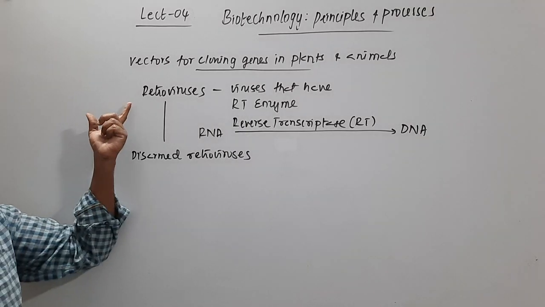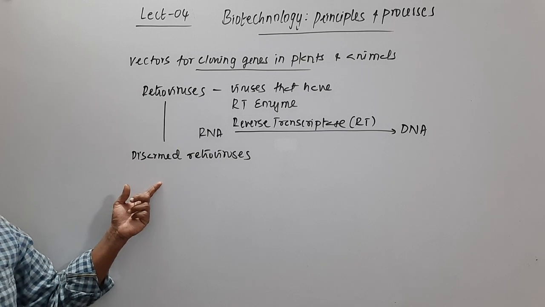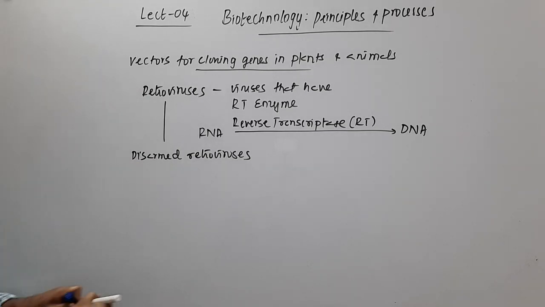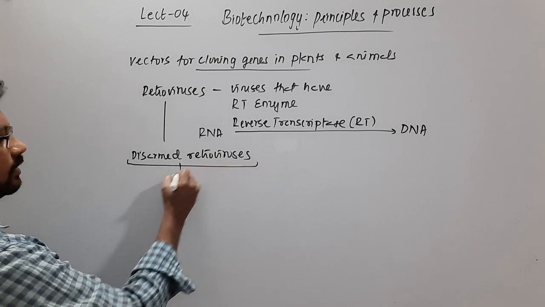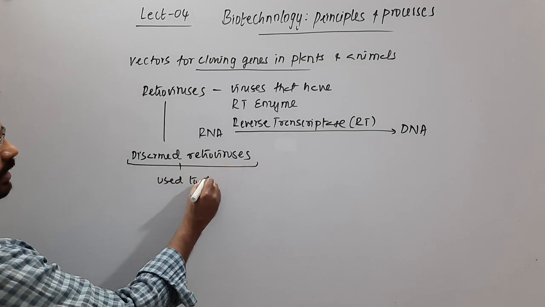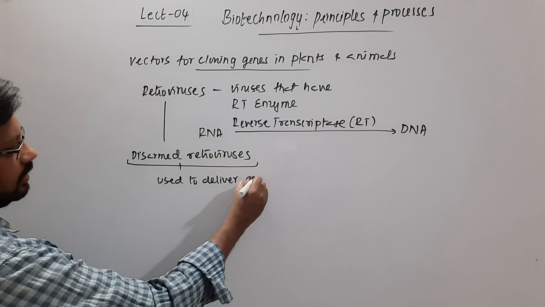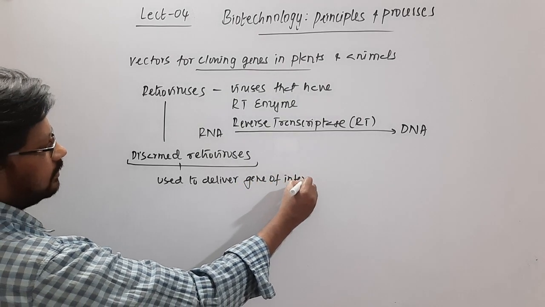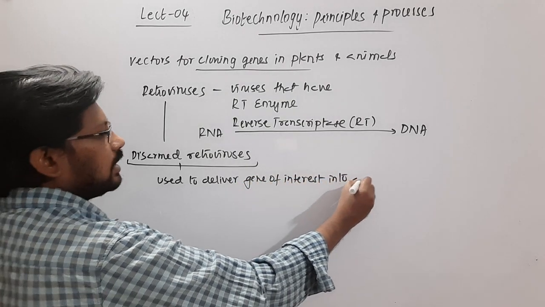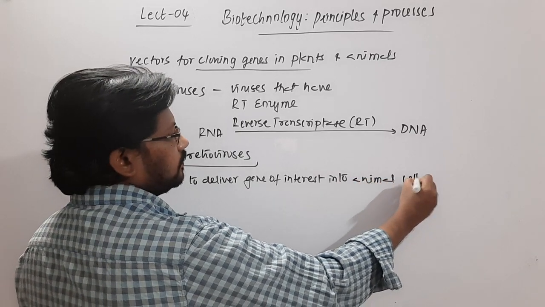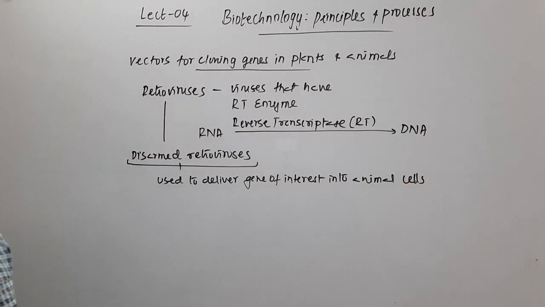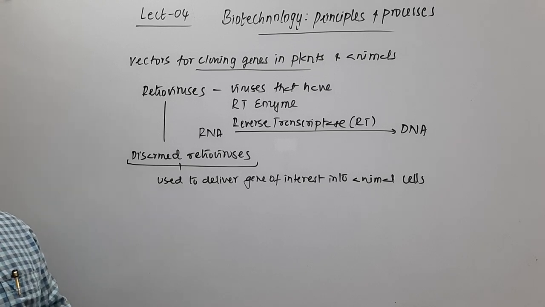So we have taken those retroviruses, disarmed them, and these disarmed retroviruses are used to deliver the gene of interest into animal cells. So for transforming animal cells, we are using retroviruses, whereas in the case of plant cells, we are using the Ti plasmid of Agrobacterium tumefaciens.